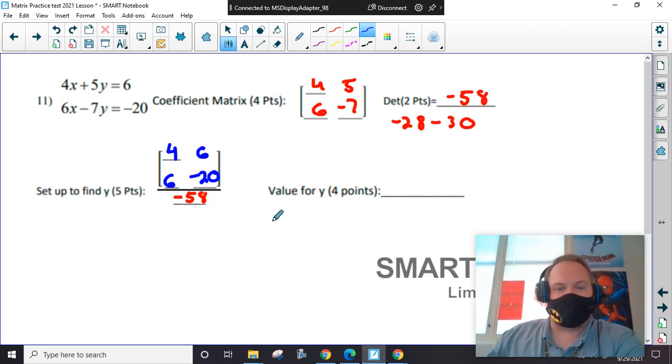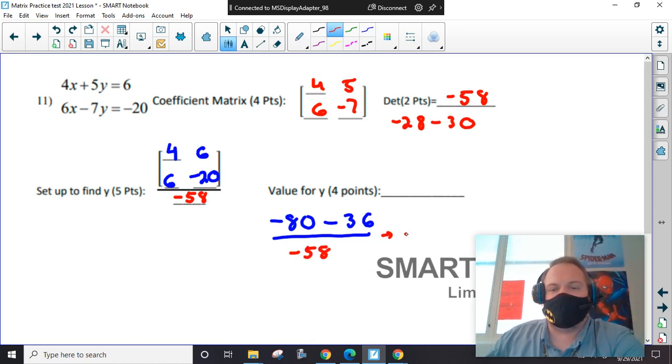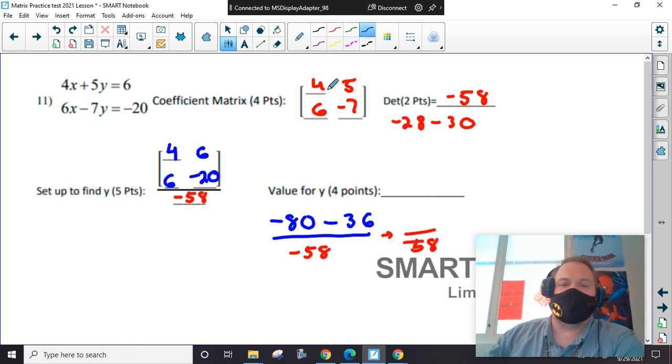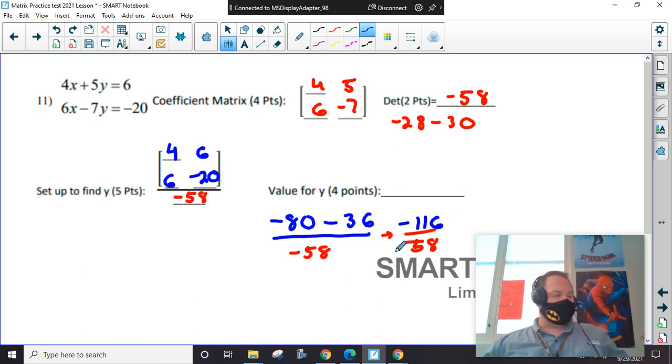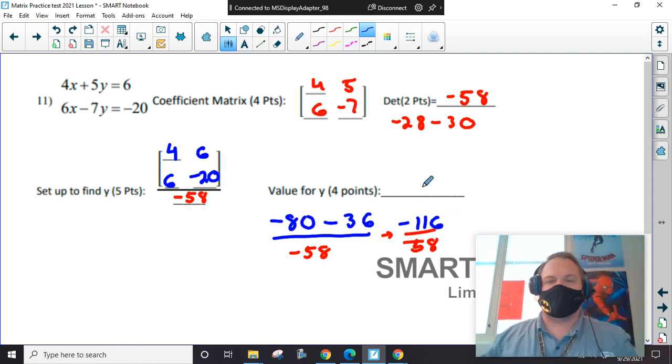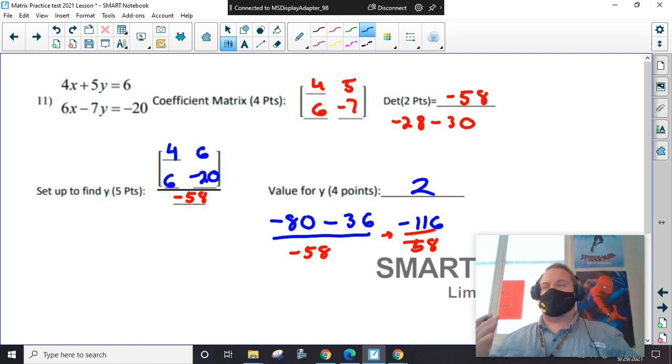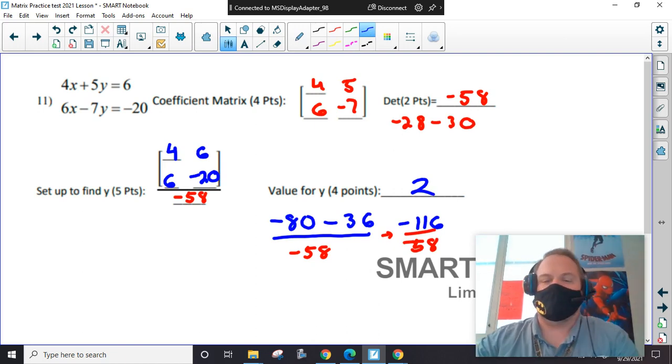So this becomes -80 minus 36 all over -58. All right. This is -116. So all this becomes is 2. The value for y is 2.